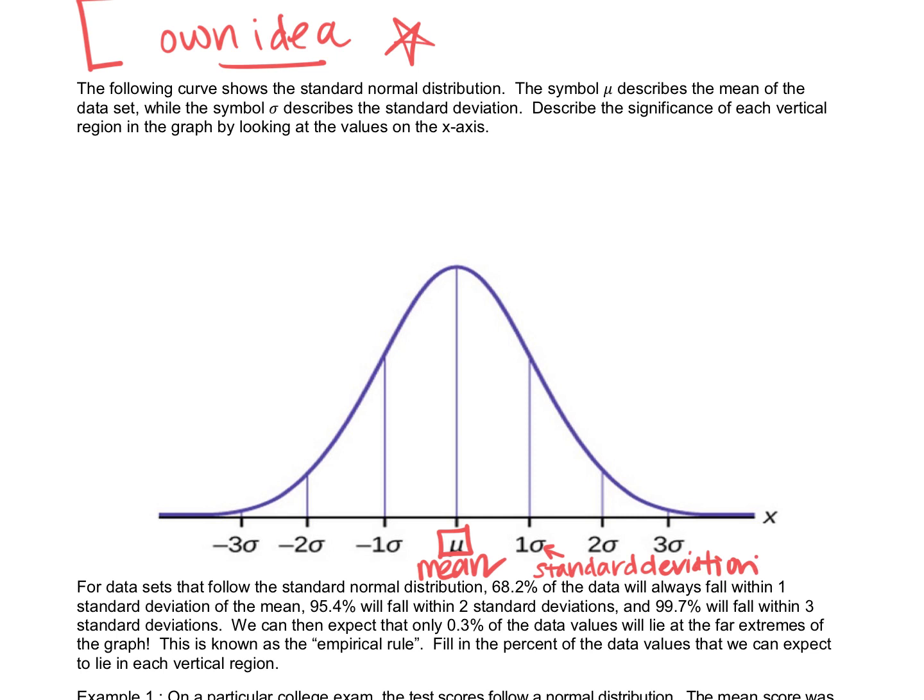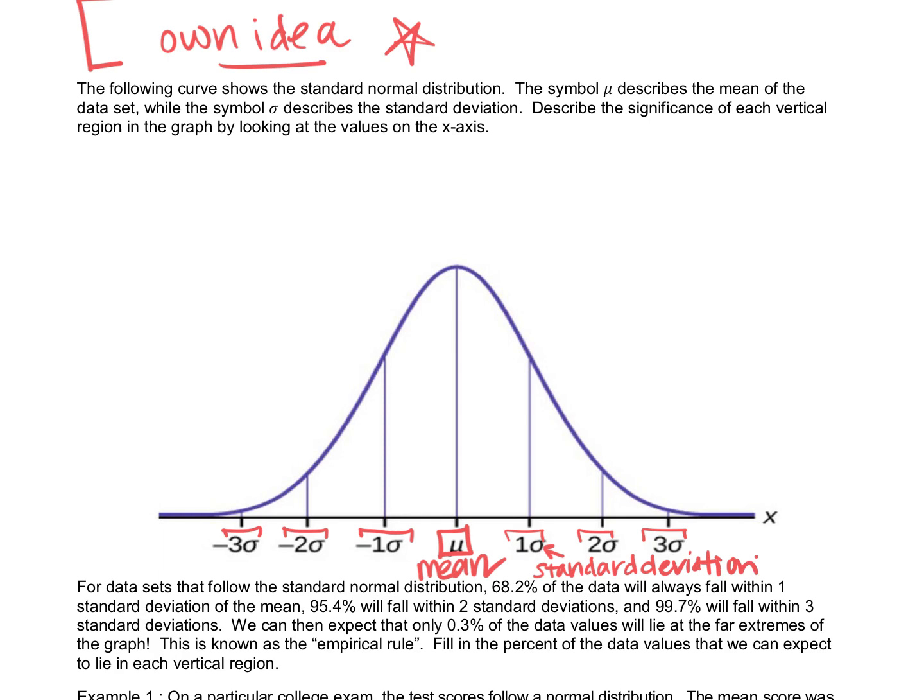It says to describe the significance of each vertical region in the graph by looking at the value on the x-axis. When you see 1 with the sigma, that's 1 standard deviation, then 2 standard deviations, 3 standard deviations, and that's to the right. On the other hand, we have -1 standard deviation, -2, and -3.